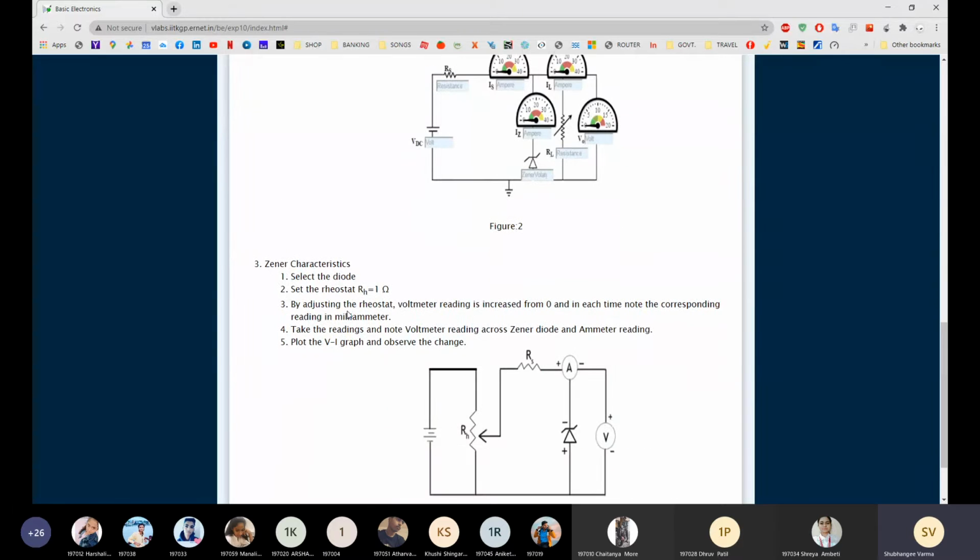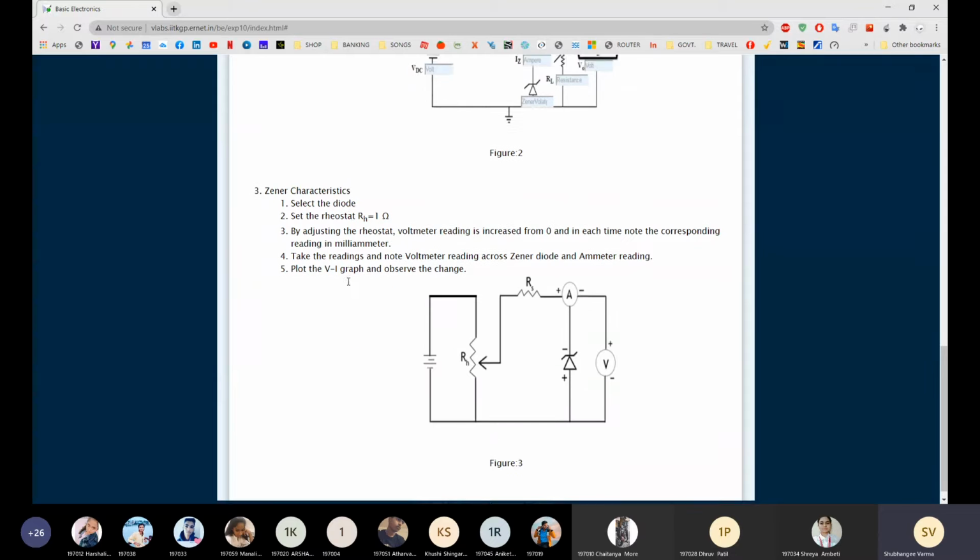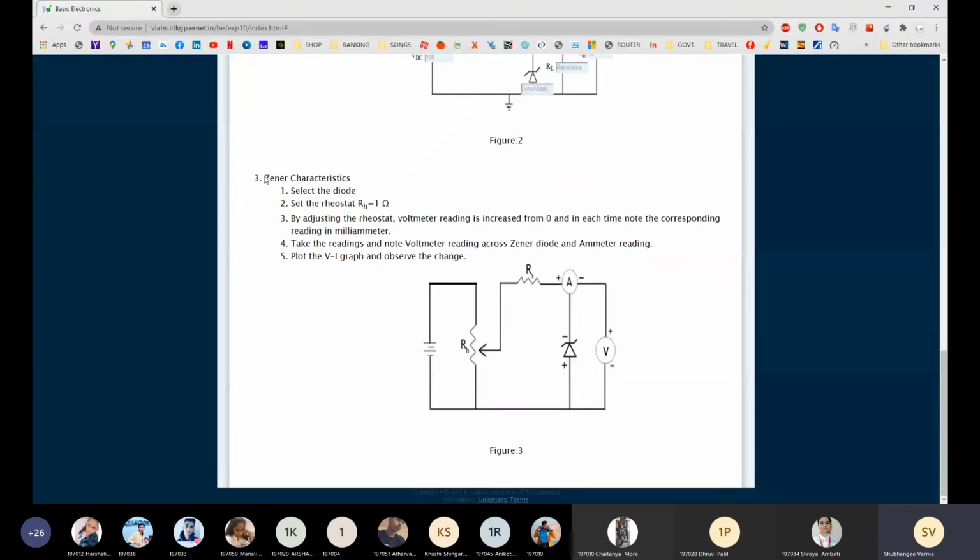And then the third is Zener characteristic. Students, the Zener characteristic is your experiment number 2. If you have gone through our experiment list, the list of experiments is given in your curriculum, and the curriculum is on our site.